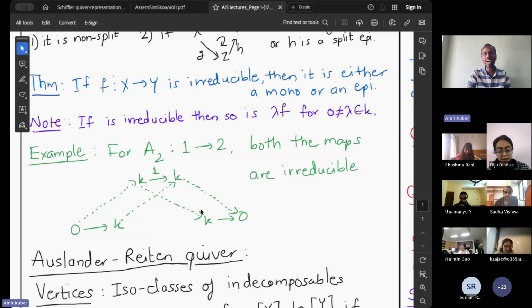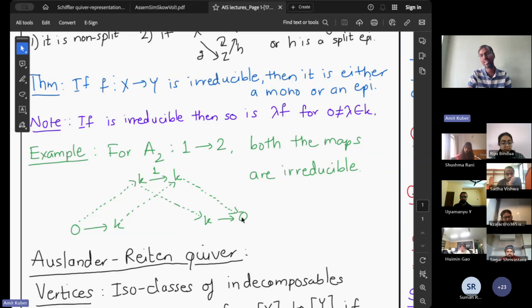But you can't really factor the first map 0k to kk through k0, because the second entry is 0, whereas in this morphism k to k is an identity map. So you can't factor it through the third one, and therefore it should be either a split mono or a split epi.